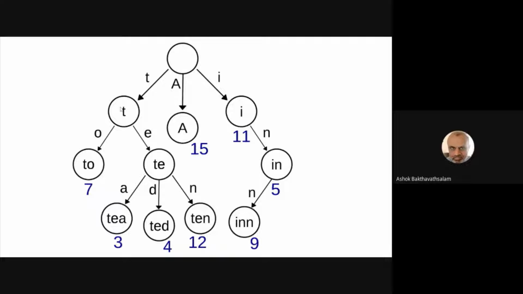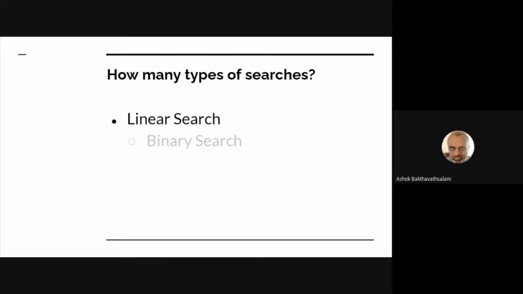So T, then E and N. When you type T and E, it shows you 3 options: TE, TED, or TEN. So this is the kind of search that happens. So the intelligent answer to how many types of searches: as far as the syllabus goes, you are asked to know about linear search and binary search, but there are more than 2, right?